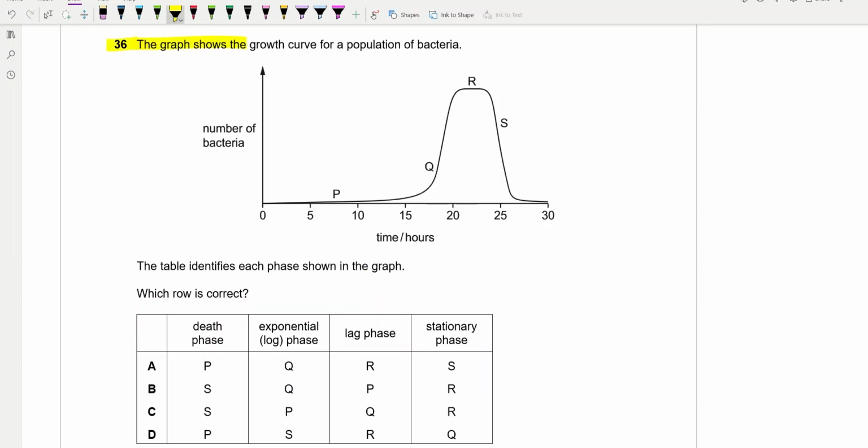Question number 36. The graph shows the growth curve for a population of bacteria. Number of bacteria, time in hours. The table identifies each phase shown in the graph. Which row is correct?